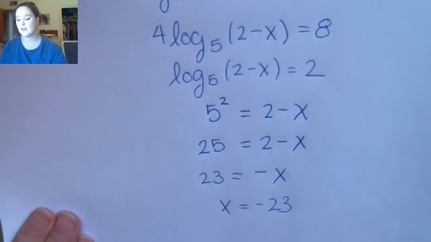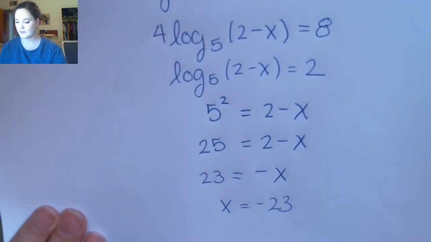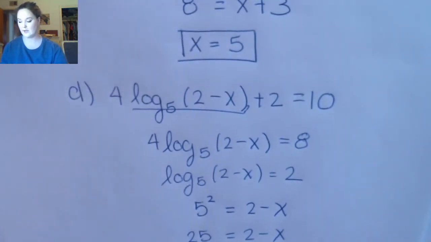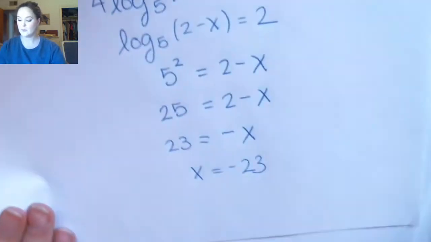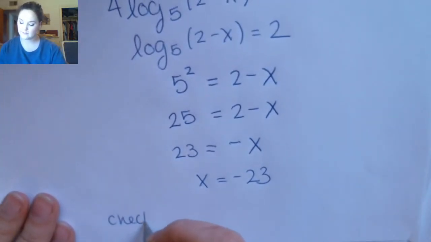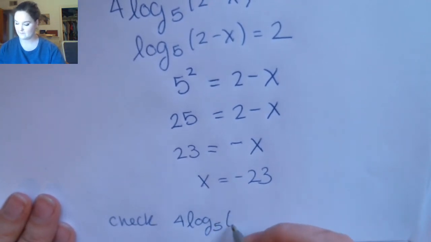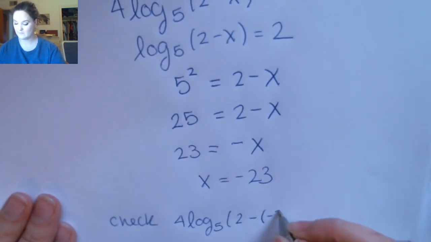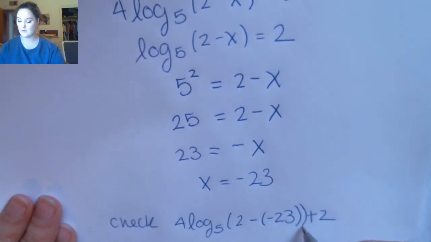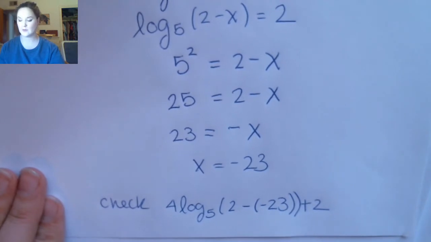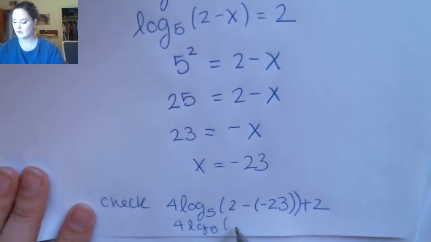So you might be thinking, oh, this is a negative number, I can't plug that into the log. But look at the original equation. You have 2 minus x. So if you were to plug this in, 2 minus -23 is the same as 2 plus 23, or 25.